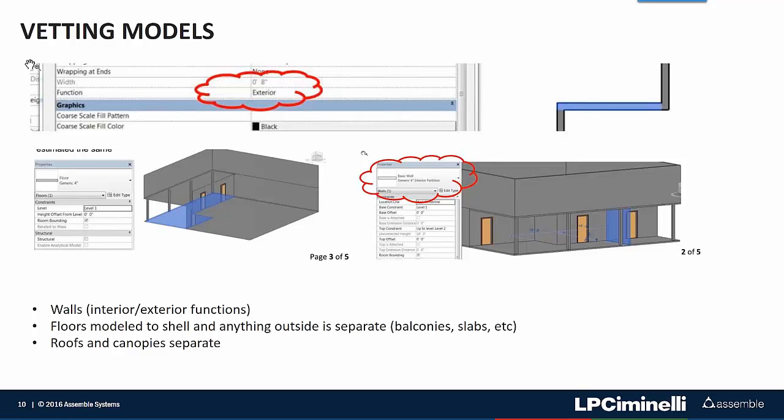However, if I wanted to organize it, sometimes that function wasn't used correctly. So we wanted to make sure that if we were producing wall schedules for our estimators, they were organized in a way that they could read and that they could be accurate. So using the specific properties for walls for function is one thing we would look at.